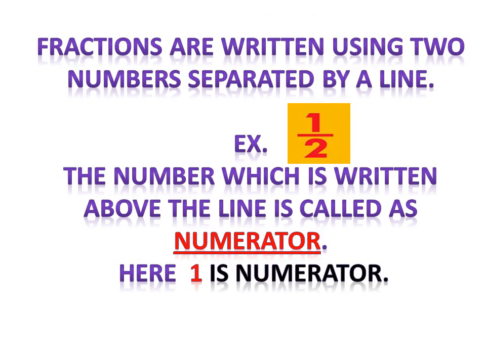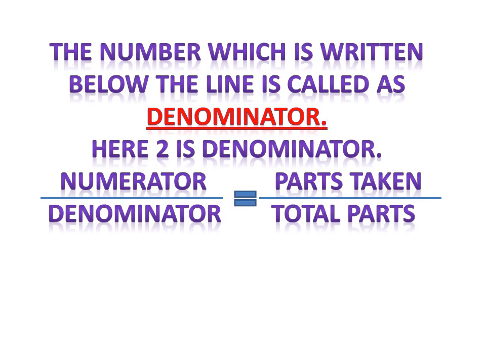So, fractions are written using two numbers separated by a line. Example is 1/2, that is half. The number which is written above the line is called the numerator. Here 1 is the numerator. The number which is written below the line is called the denominator.